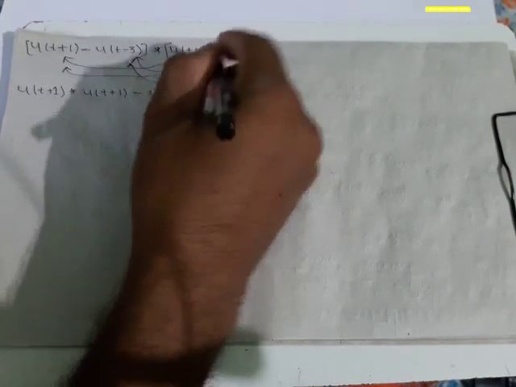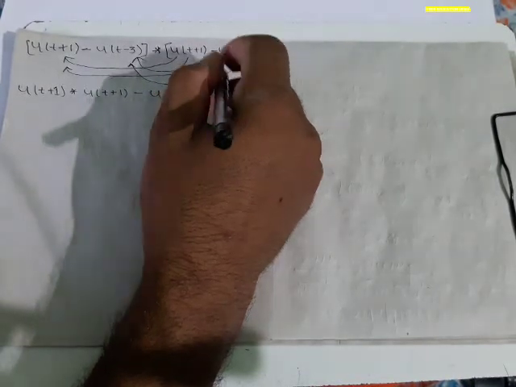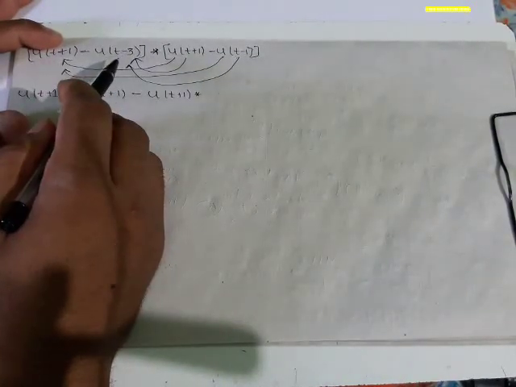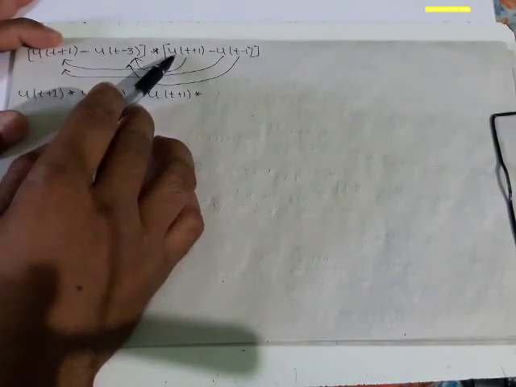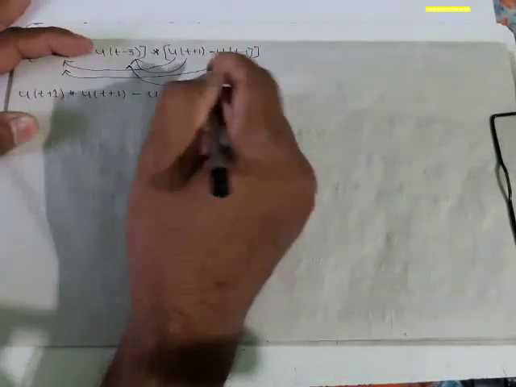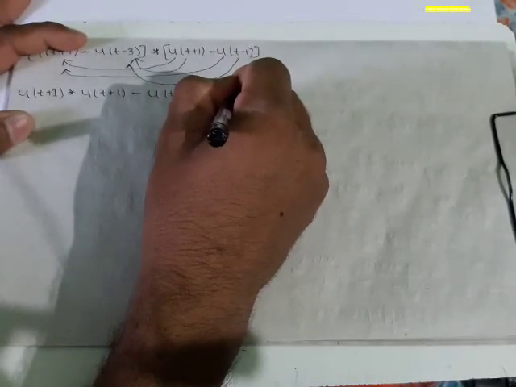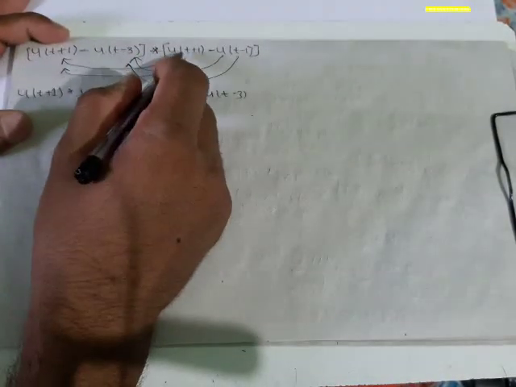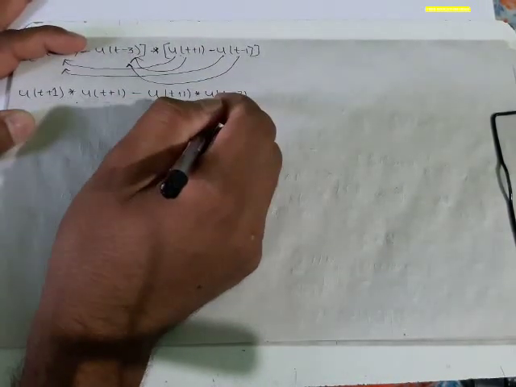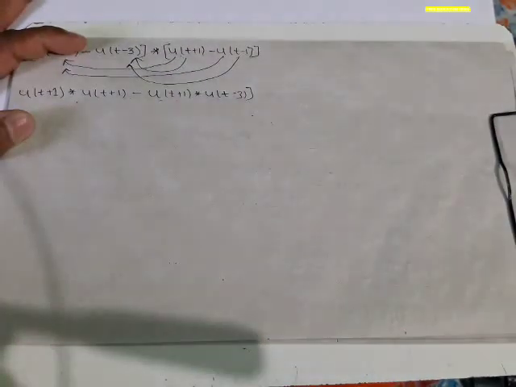So we also know that u of t convolution with u of t is nothing but what? This is 1 by s into 1 by s, Laplace transform, 1 by s square is nothing but r of t, which is t into u of t. So what it will be?